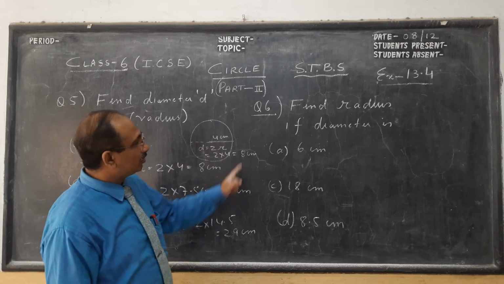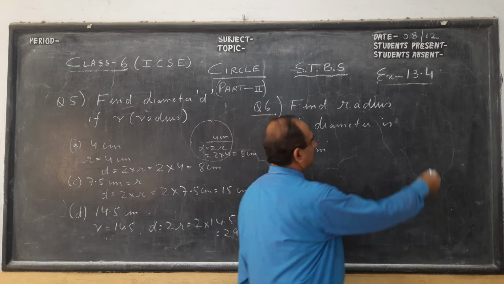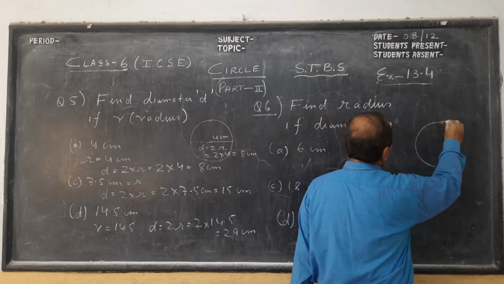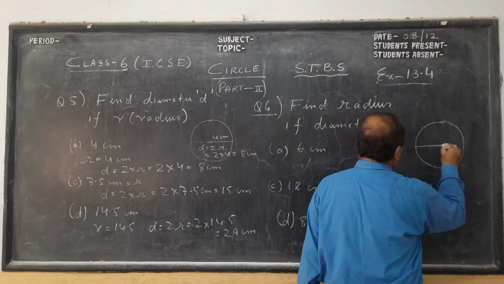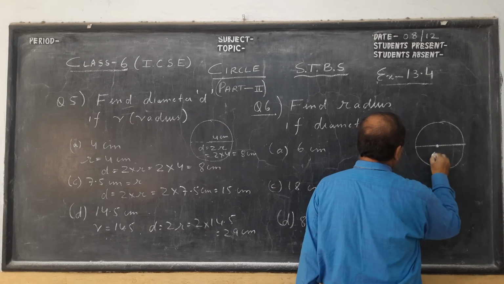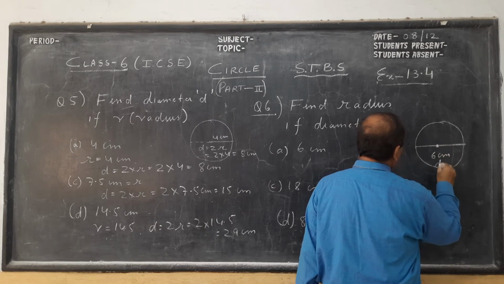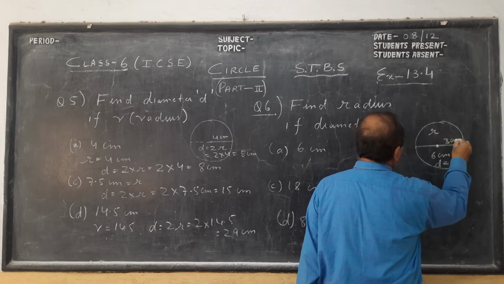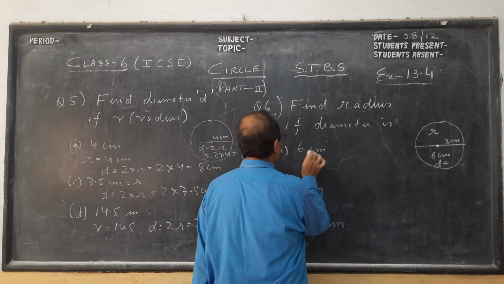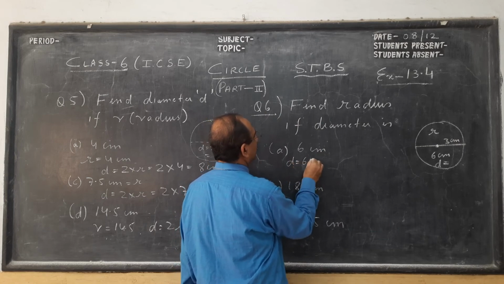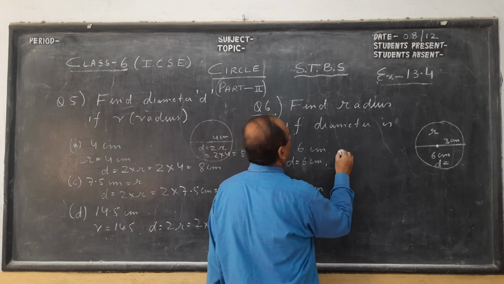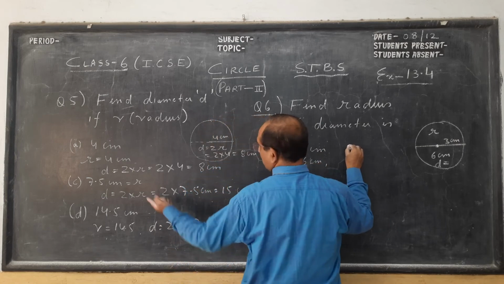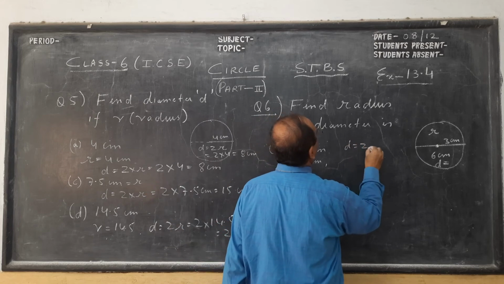Next one, children, just the opposite. If diameter is 6, let me draw a diagram for the first one. If the diameter which passes through the center is 6 centimeter, what is the radius? Half of that, 3 centimeter. So how do we write it? If D is 6 centimeter, we know this formula, D is 2R.